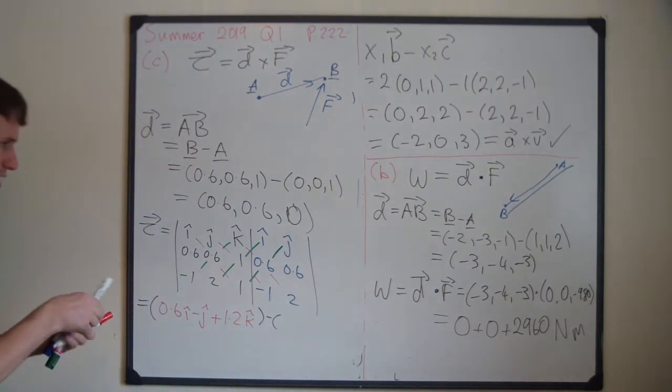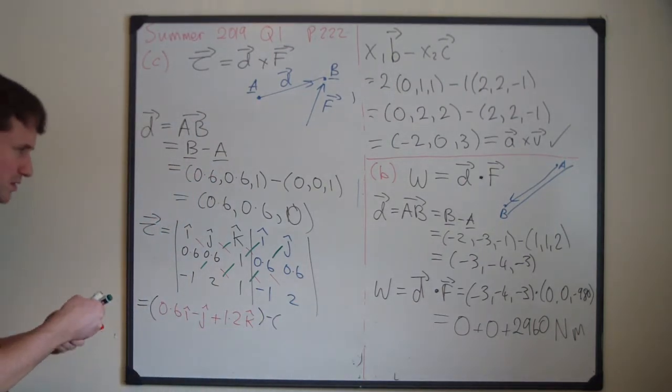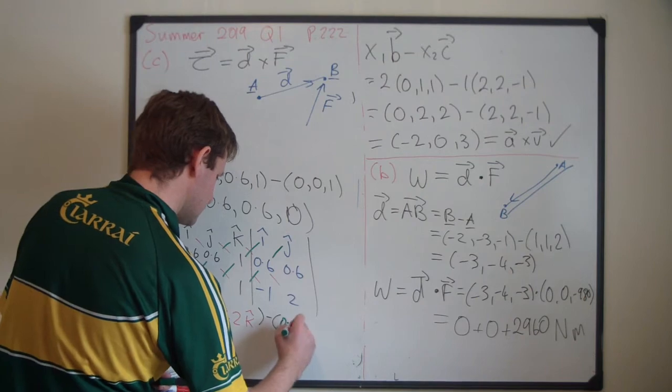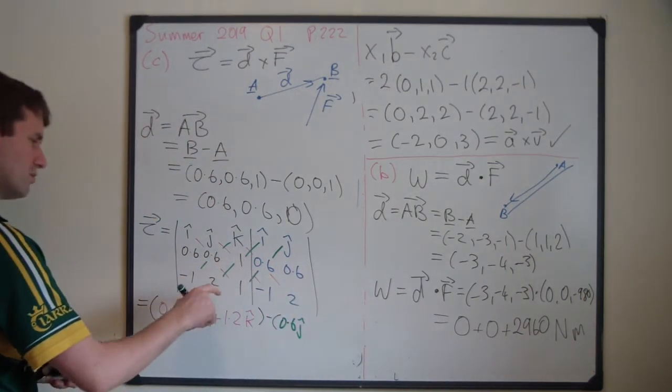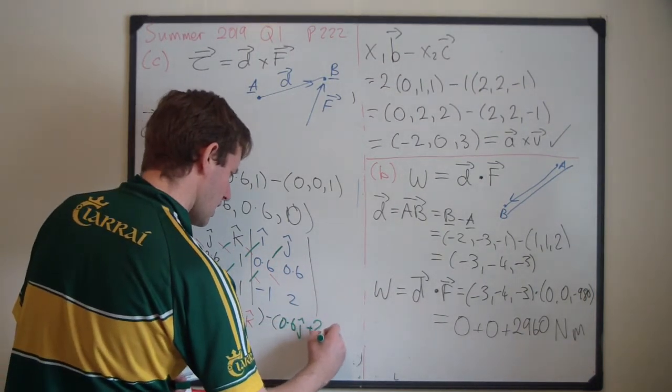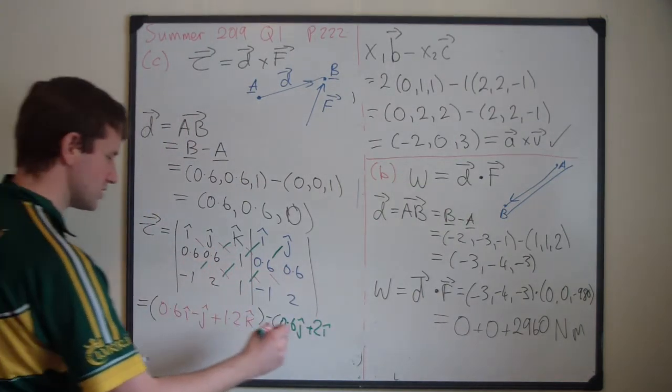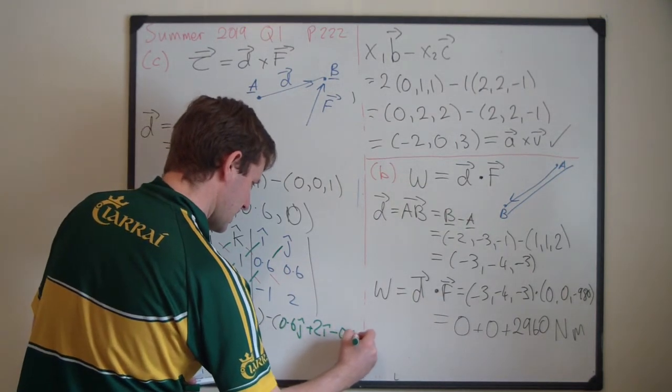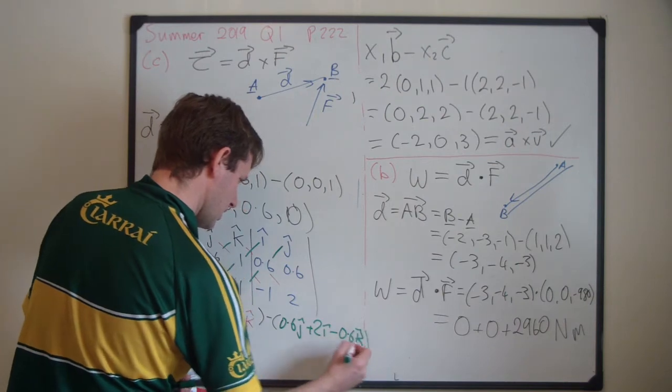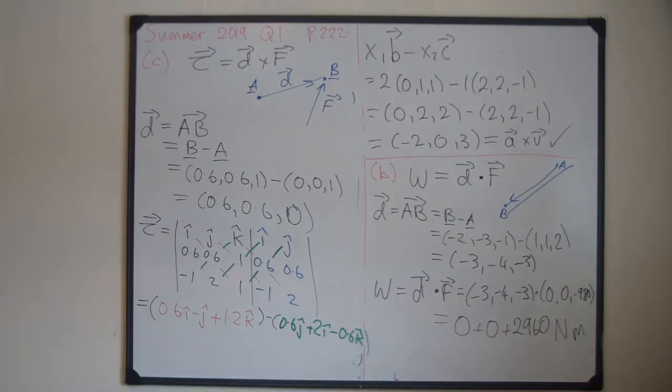Take away left down diagonals: j by 0.6 by 1 is 0.6j. i by 1 by 2 is 2i. k by 0.6 by minus 1 is minus 0.6k. Right, looks pretty good.